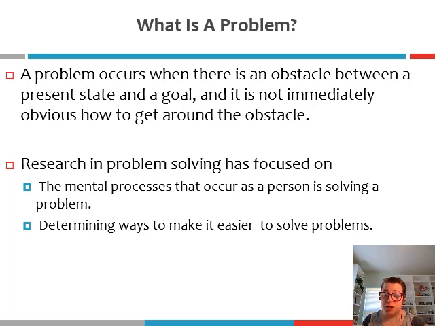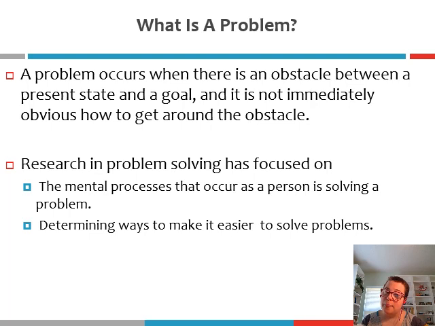So research by psychological scientists investigating problem solving has focused on basically two different objectives. The first objective is simply to study the mental processes that occur as a person is attempting to solve a problem. So what are the underlying cognitions that are part of problem solving?